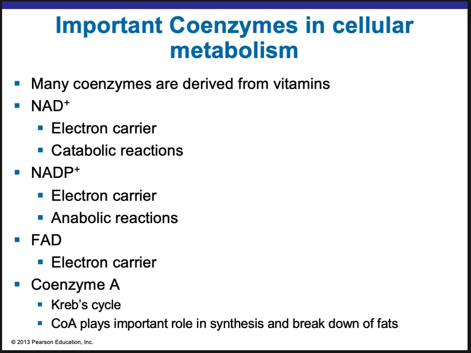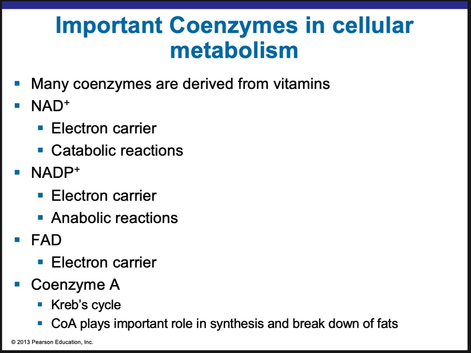Important coenzymes in cellular metabolism. You're going to see this today a lot in this chapter. So NAD plus comes in and then takes some electrons and becomes NADH, right? NADP plus, also same idea. We'll add a hydrogen to it.